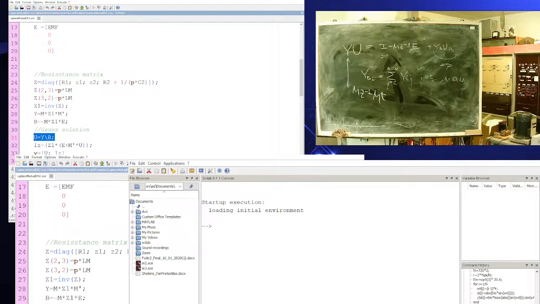I can use, in fact, any linear equation solver capable to work with complex numbers. This row yields me a branch current. And I return from function node voltage and branch currents.